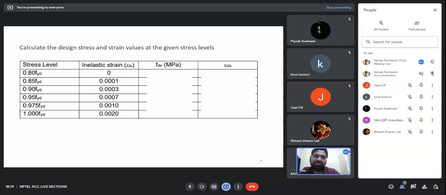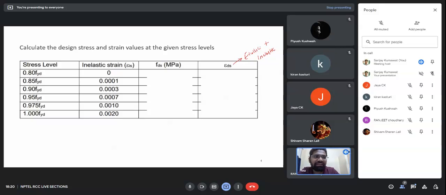And what will be the total design strain? The total design strain is nothing but elastic strain plus inelastic strain. This is a very important concept and you should pay attention to this. Elastic strain plus inelastic strain will be our total design strain.